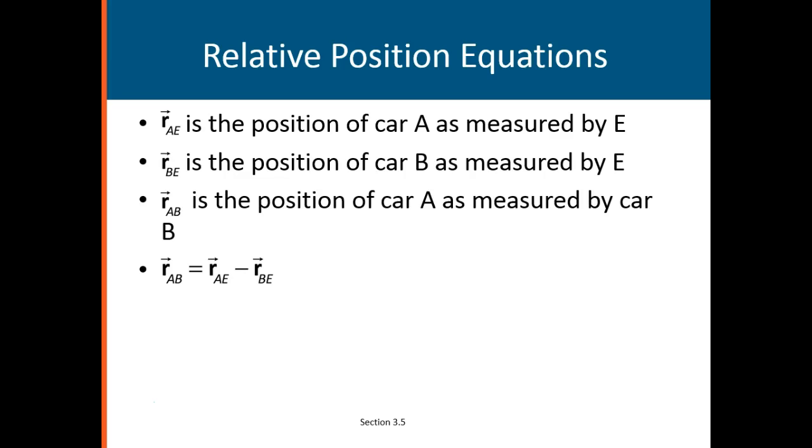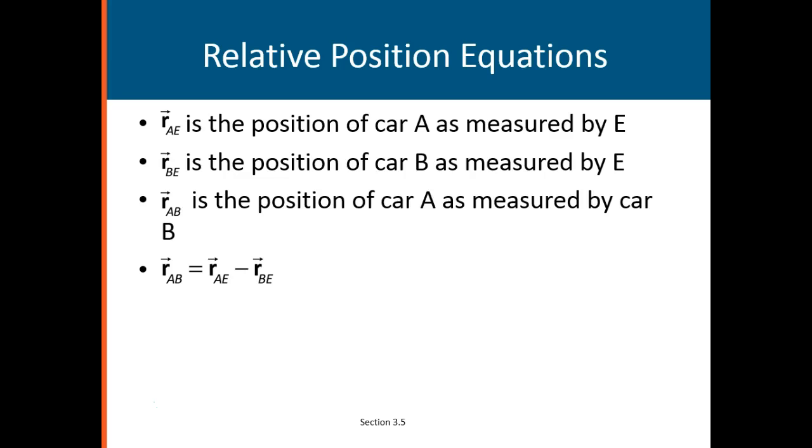Now, here is the structure that they give this. R_AE. R is a position vector, notice it has a vector arrow on top. R_AE is the position vector of car A as measured by E, the observer stationary on the Earth. R_BE would then be the position of car B as measured from the observer on Earth.